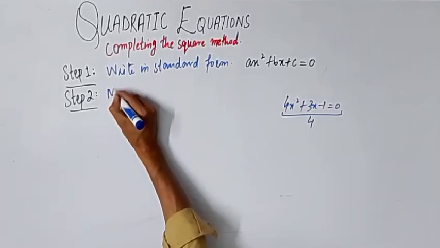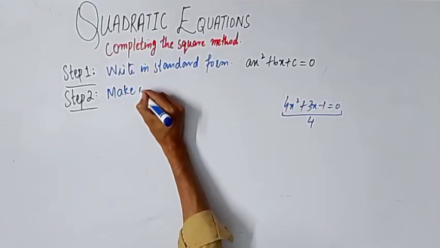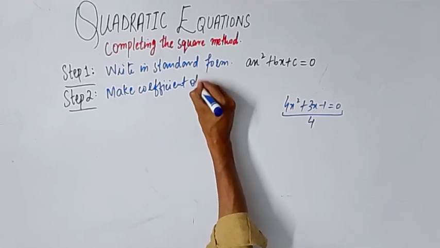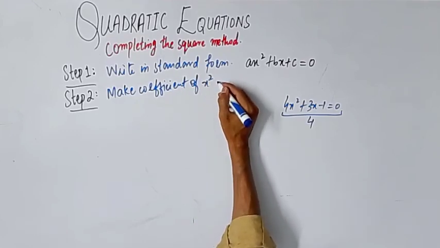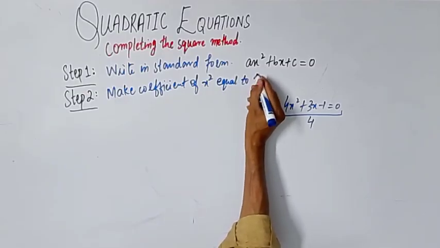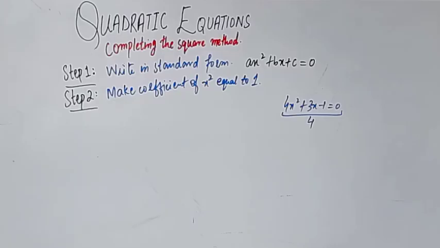So make the coefficient of x square equal to 1. Now in the third step, you have to move the constant to the right side.